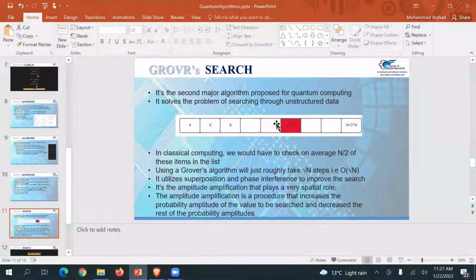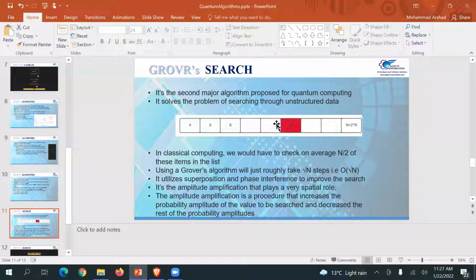Suppose there are 1 lakh records, you go one by one to each record and check whether it is correct. So maximum it could take a complexity of O of n, and minimum it could be found at the first place. So on average, a classical search algorithm takes O of n by 2.